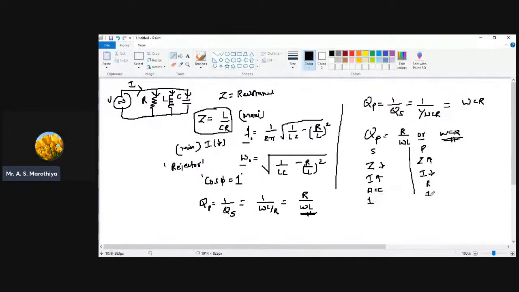Again, here power factor is going to be 1. In series, frequency is 1 upon 2 pi square root of LC. But here frequency is 1 upon 2 pi square root of (1 upon LC minus (R by L) whole square). This is very important. And then here quality factor is omega L by R, but here it is going to be the inverse, so it is R by omega L. These points you have to remember. If you know this, it is very easy to solve numericals on resonance if they ask in GATE.